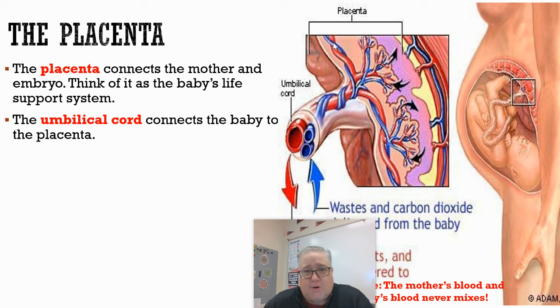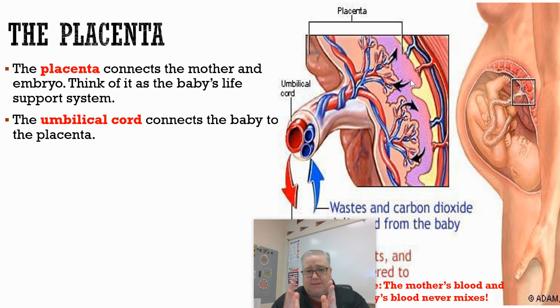If you look at this picture here, which is a more enlarged view of the placenta, here we have the umbilical cord, which is connected to the baby. Over here, if you look at my cursor, this is the placenta, and you see this purple area in the middle.